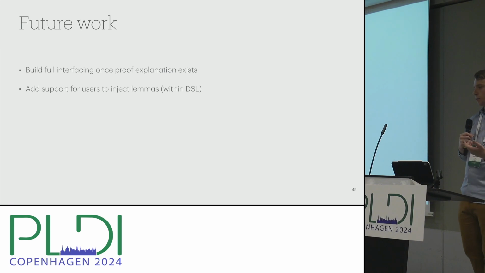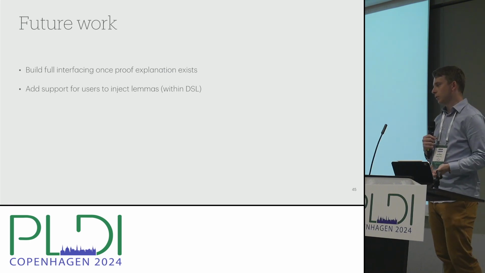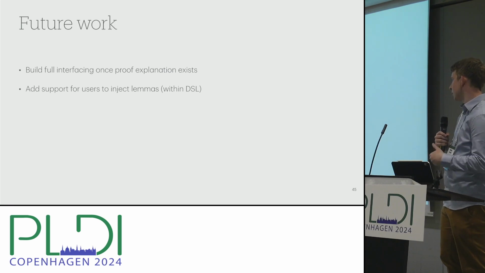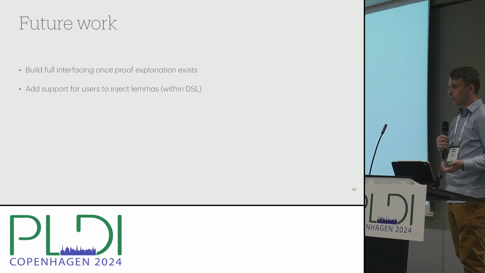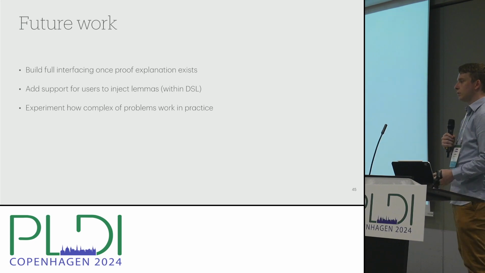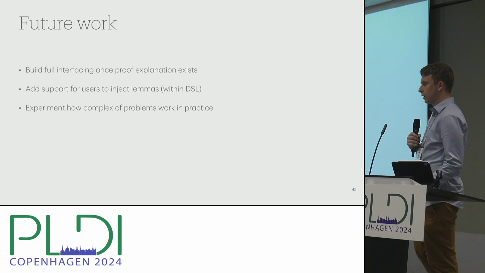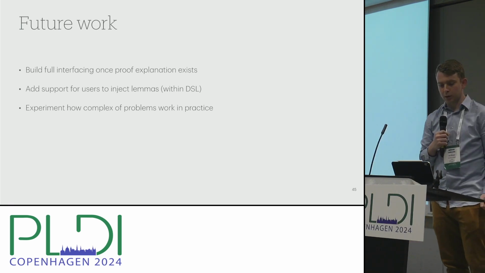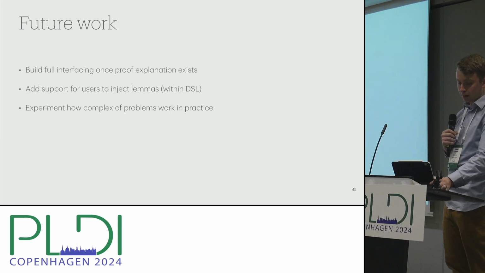This is also why we built this automatic lemma translation, so that a proof engineer is able to pass in whatever lemma they think is useful for automatically solving their goal right now. This will, of course, lead to some problem instances where the e-graph won't be successful, but it would be really interesting to see how complex of problem classes we could actually tackle in practice, and what kind of code automation we could achieve from that.